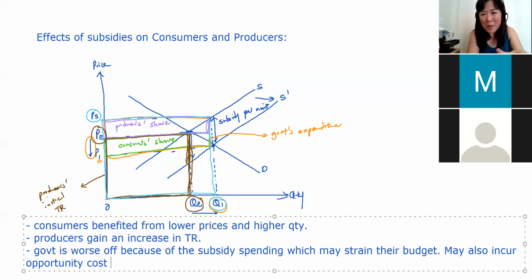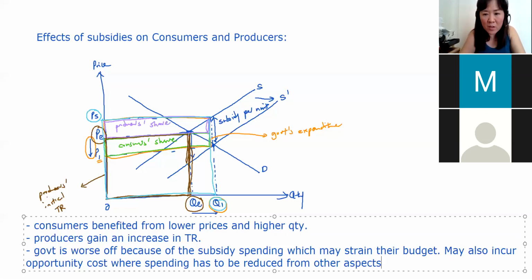We do not know what good this is, but for instance, if this is healthcare, then the government could have spent the money on education. So it depends on what we're looking at. It may incur opportunity costs where spending has to be reduced from other aspects. Then you have to elaborate, such as healthcare, depending on what good you're talking about. So there's opportunity costs.